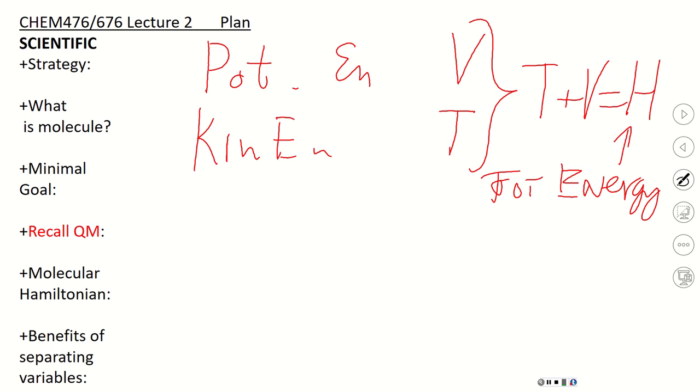And we will go into details. We're just going through a very simple overview. So for an electron we have potential energy, which depends on position, kinetic energy, which depends on velocity, and add them together.